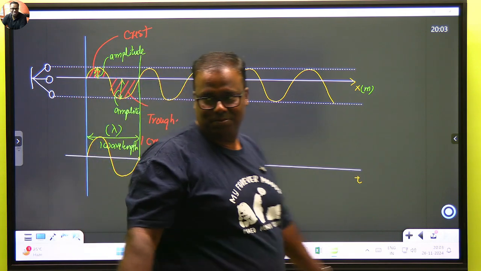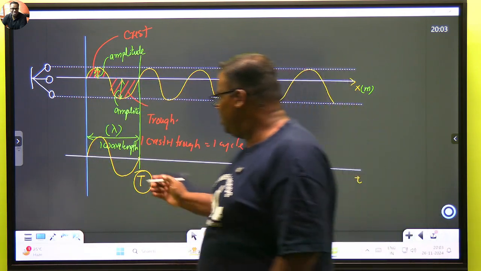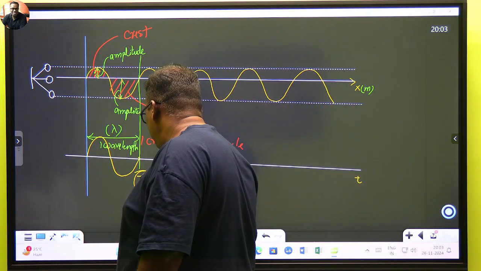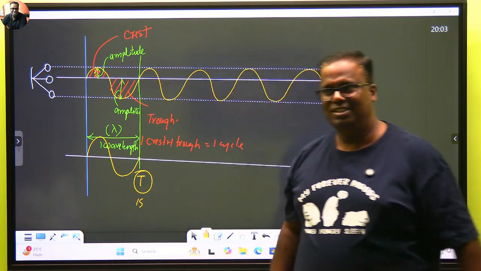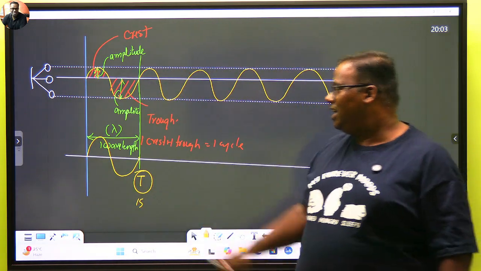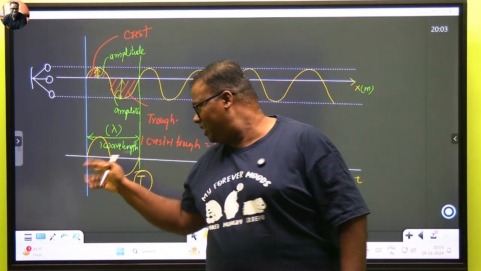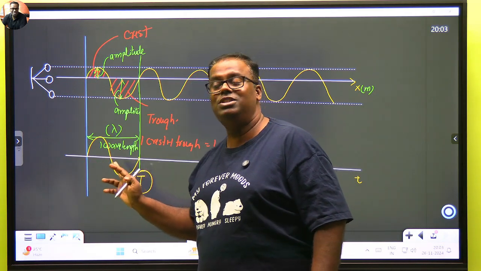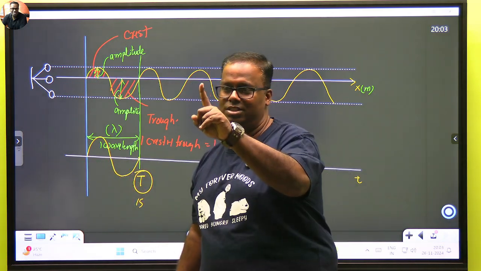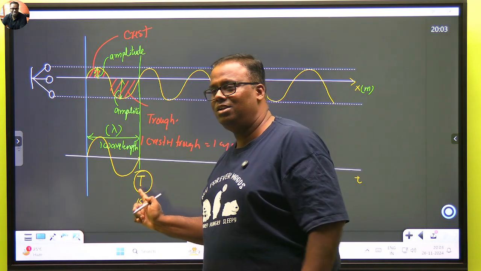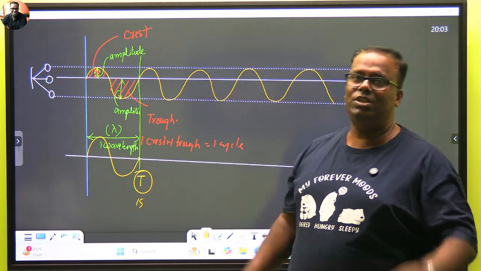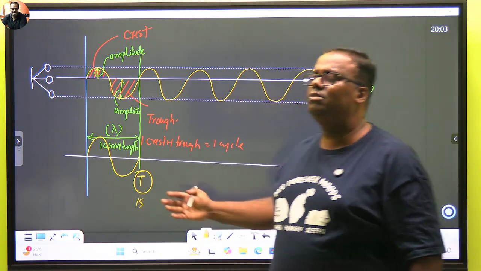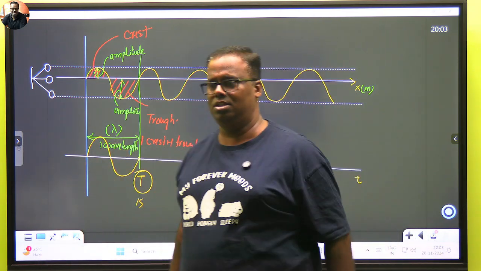मजा आया? And if this T was of a value 1 second, say, 1 second में कितना cycle किया? 1 cycle. What is the frequency? 1 hertz. What is the time period? 1 second. If the time period is 1 second, the frequency has to be 1 hertz.